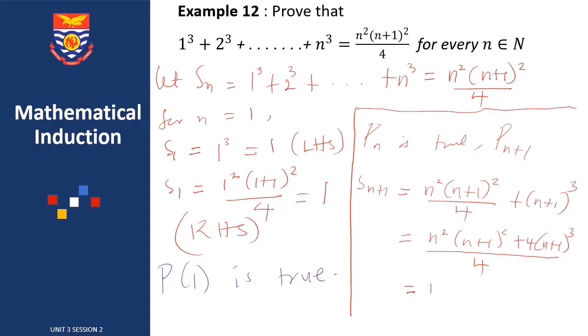You get n plus 1 squared times n plus 2 squared, all divided by 4, and that is true. Therefore P of n is true for all n, a member of the natural numbers, and that ends the proof.